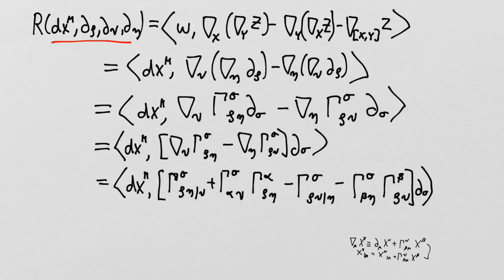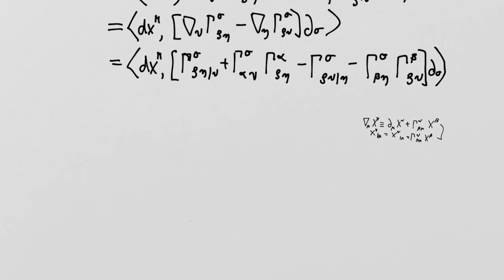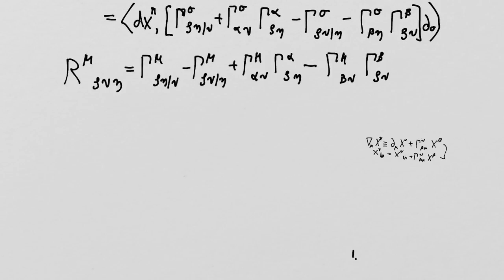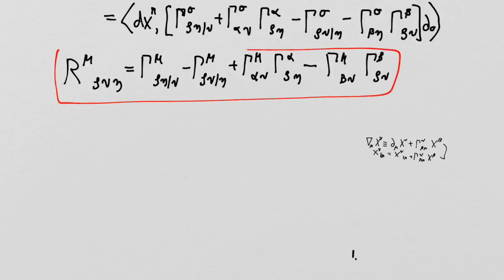Remember, these are functions on the spacetime, so it's a real function. So that just pops out front, and you're left with dx mu partial sigma delta, which is a delta function of mu to sigma. So all of these sigmas become mu's, and then we have our final result, which I'll write down here. Let me go ahead and clear it. And there you have the final answer for the components.